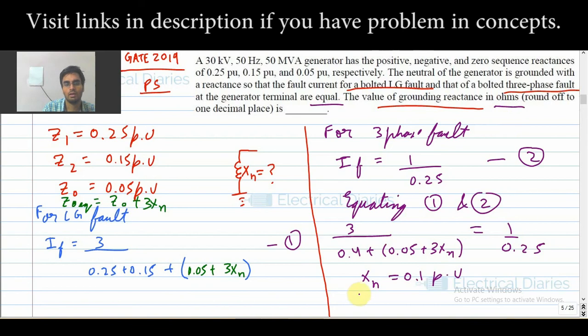Okay, so it is all in per unit, but he is asking the value of grounding reactance in ohms. Okay, so Z base is equal to kV base square divided by MVA base. So kV base square is 30 square upon MVA base is 50.